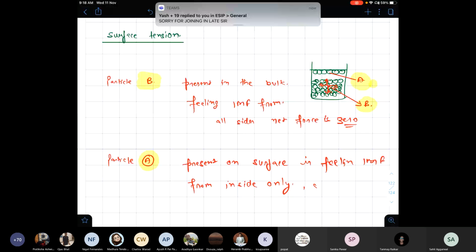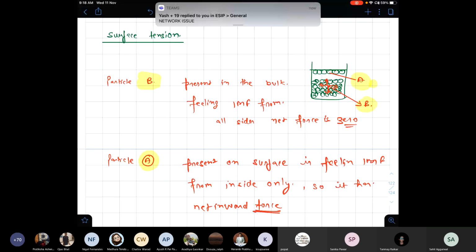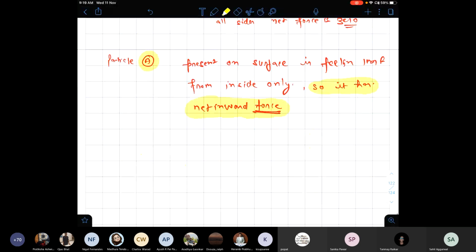So it has net inward force, that is called surface tension.